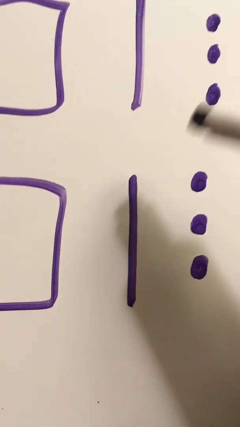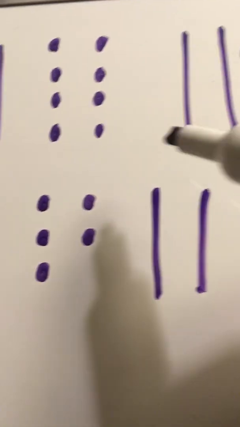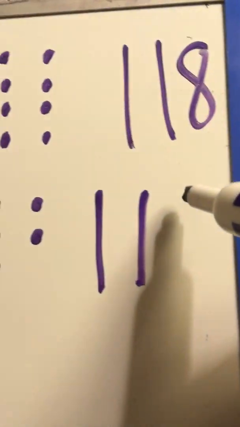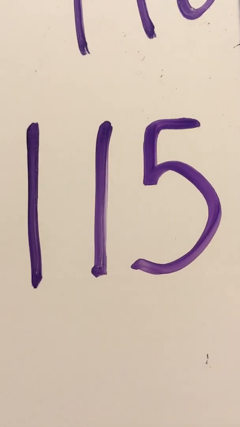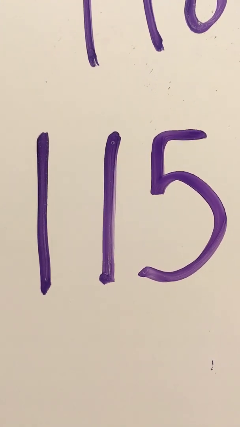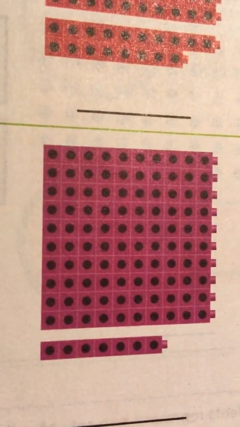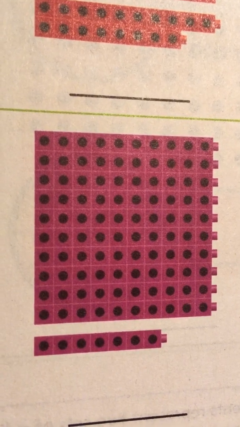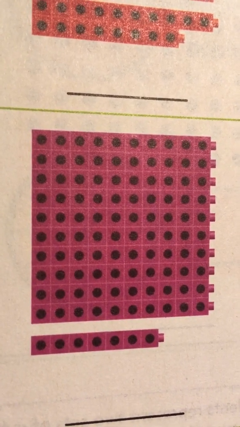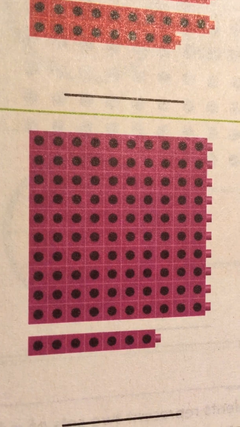We have one group of 10, and we have 5 ones. So that's how we write 115. Okay, last one, first graders. How many cubes? So right now you should be figuring out how many cubes.